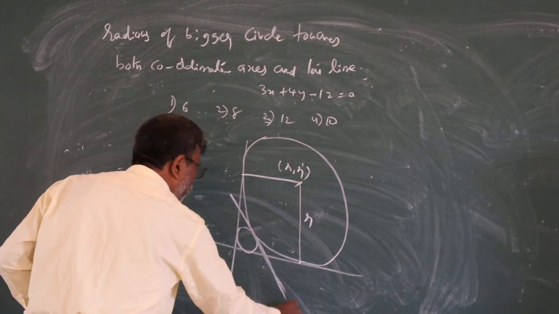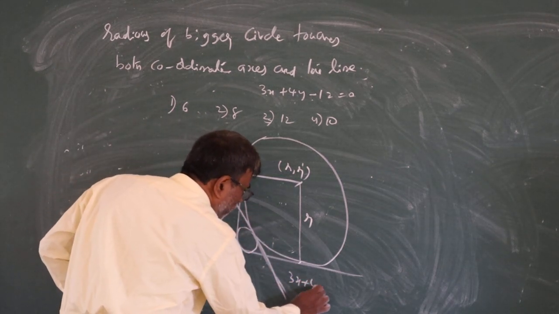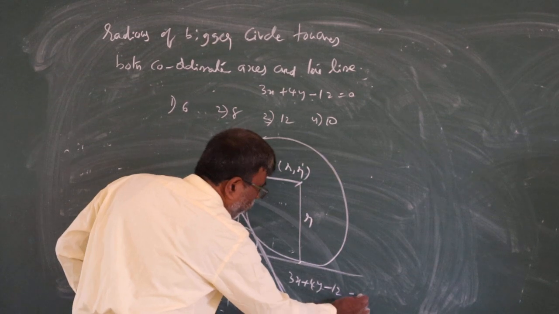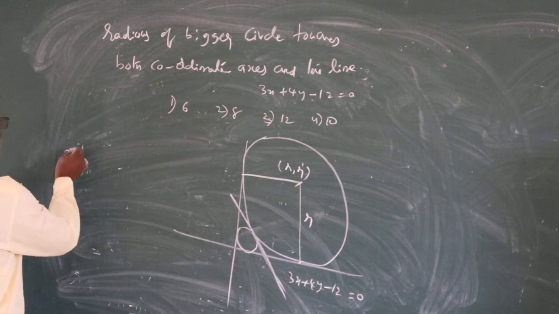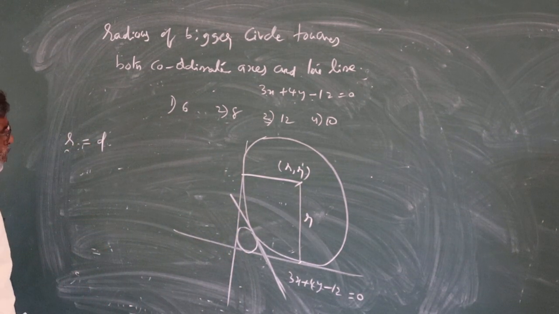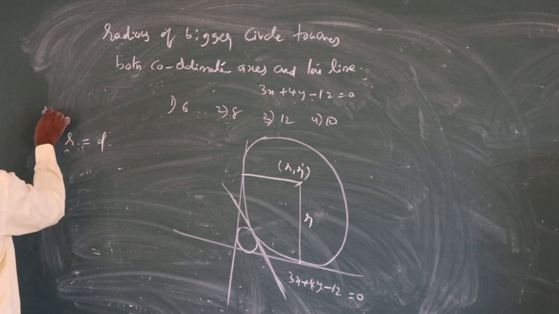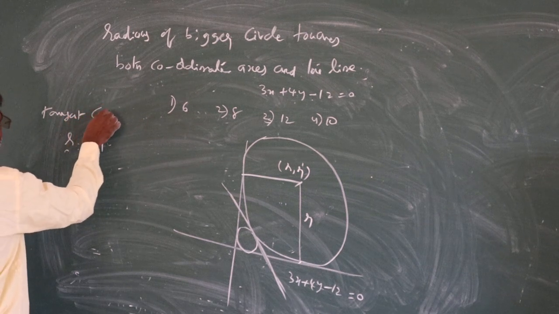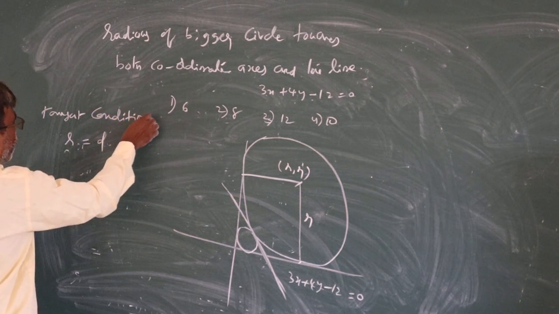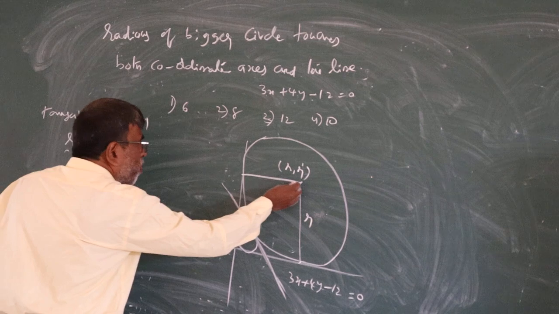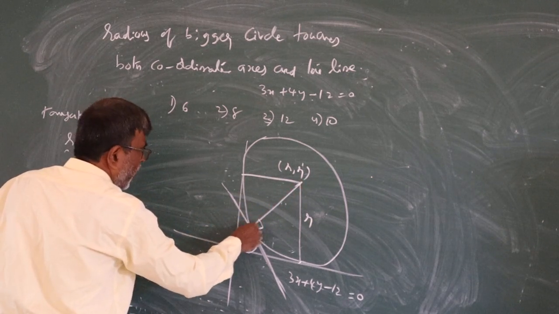This is the line given: 3x + 4y - 12 = 0. What is the condition? It is the tangent condition: R equals D. The distance from the center to the line equals the radius.